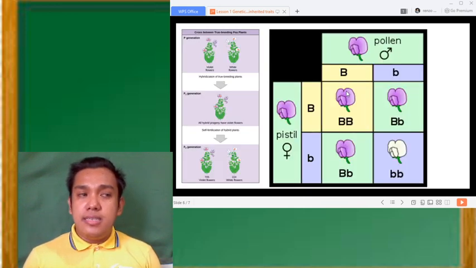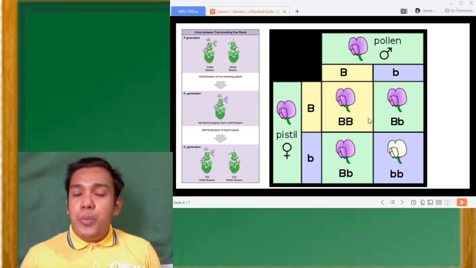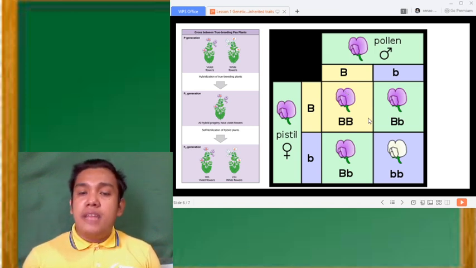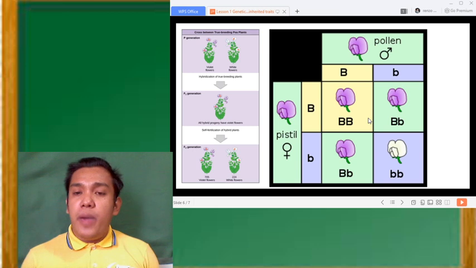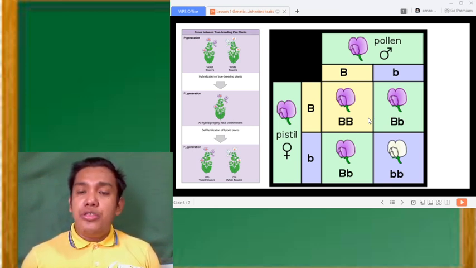So as you can see on your board, we have here a Punnett square. A Punnett square is a way to determine the traits of every plant.